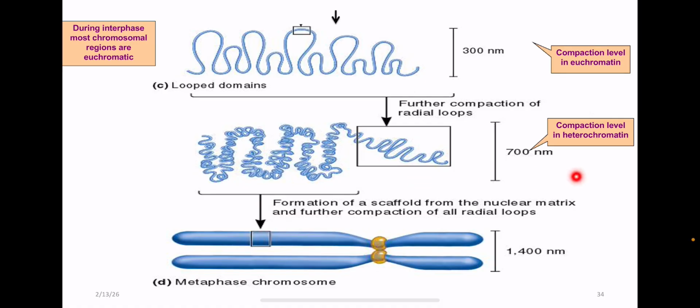So these are tightly packed, unlike the euchromatin. That makes them less active. Okay, so that would be the 700 nanometer, and that would be like one sister chromatid. Then it can line with another sister chromatid to form the 1400 nanometer chromosome. Okay, and this is called a metaphase chromosome.